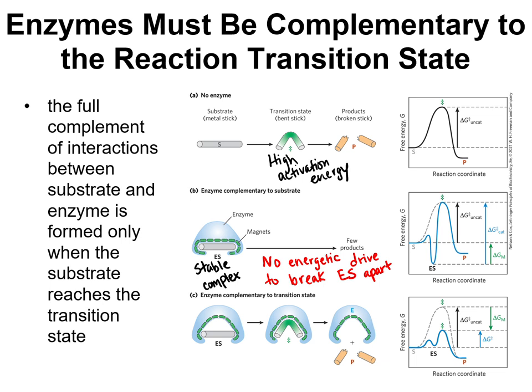But if you have an enzyme that's complementary to the transition state, then we can work. Why? Because there's some weak interactions here. And that helps you to form ES, the enzyme substrate complex.